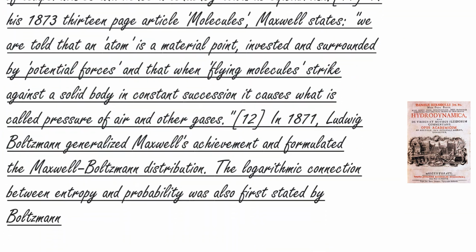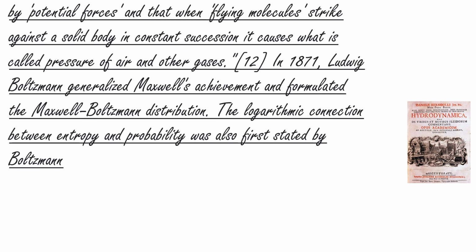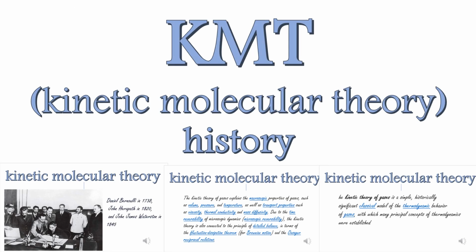Boltzmann generalized Maxwell's achievements and formulated the Maxwell-Boltzmann distribution, the logarithmic connection between entropy and probability. These are also part of physics. So this was the history; as I told you, Maxwell and Boltzmann were the people who extended the theory. So this was the history of the kinetic molecular theory.